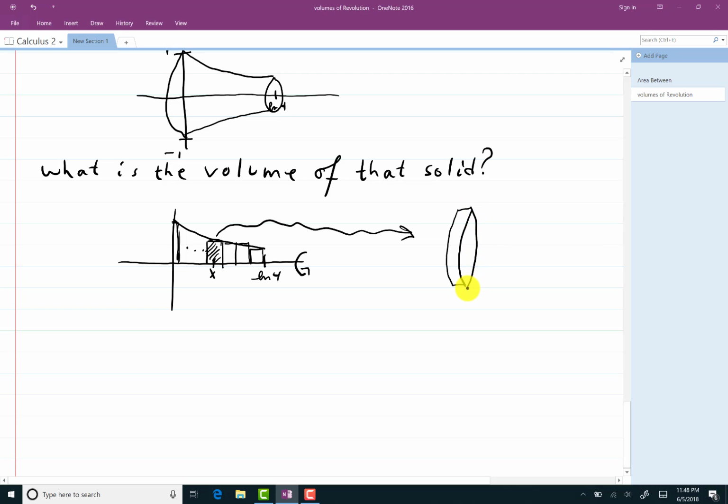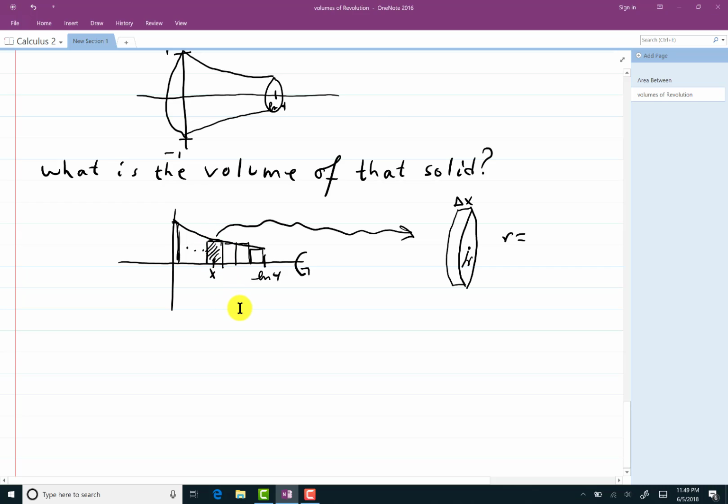Okay, so you get a disk like this. What we need is to know the radius of the base, and I need to know the height. Well, the height I have, that's delta x. We'll always use delta x for that. Now the radius, that's going from the center to an edge. What is r equals what? Well, r is the height of this guy. How tall is that rectangle?